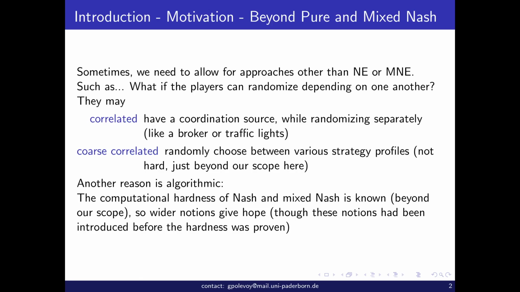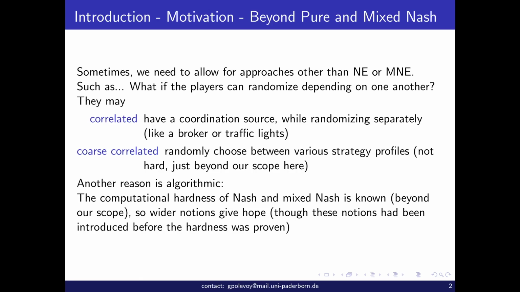Now, defining the correlated equilibria gives us hope of not only existence, which is, of course, an immediate result of them including the mixed equilibria, but also gives us hope of an easier computation, polynomial computation. And funny enough, that hope is actually true. So it's possible to polynomially compute them, and therefore it's also possible to compute a wider range of coarse correlated equilibria.